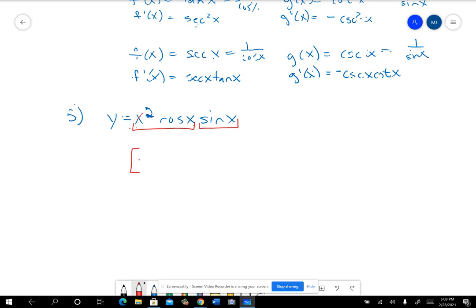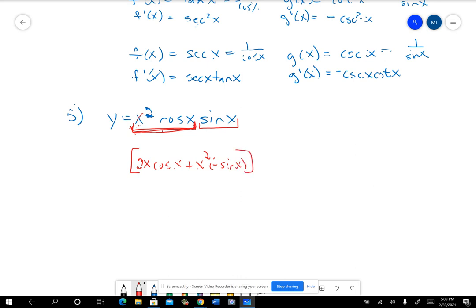Let me make sure I keep my bearings. Okay, so I'm doing the derivative of this right here. But it's got two pieces, so the derivative of this would be the derivative of the first times the second as is, plus the first times the derivative of the second.